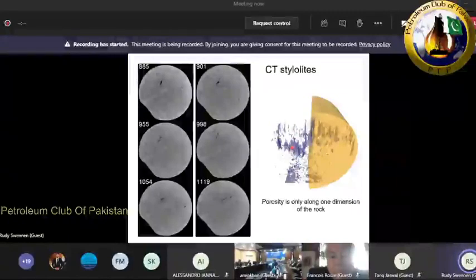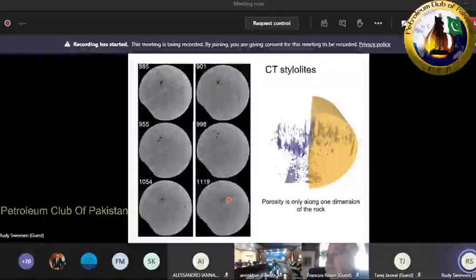So this shows the strength of computerized tomography to visualize what is really the connectivity of the different pores.